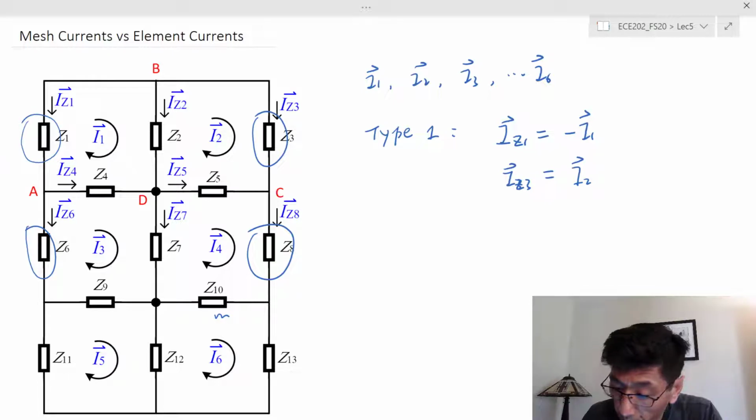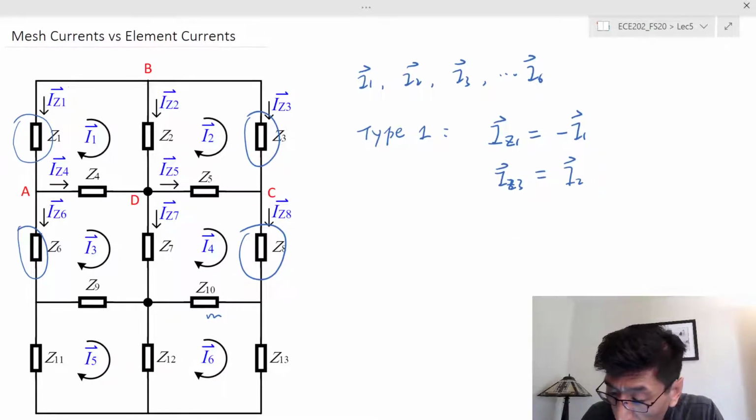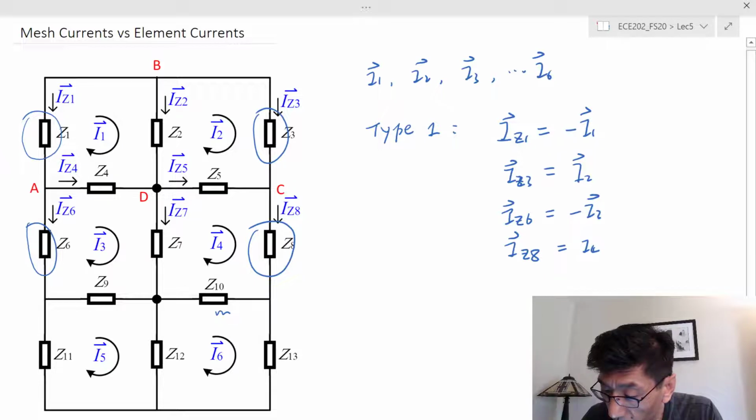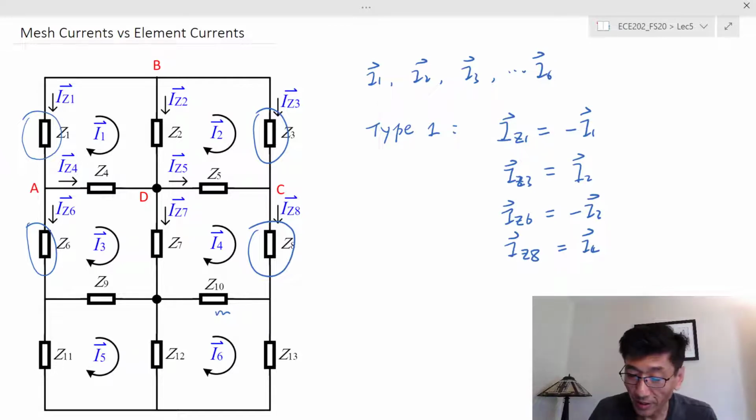And I sub Z6 is equal to negative I sub 3, right? And I sub Z8 is going to be equal to I sub 4. So this is type 1, the easier one, right?